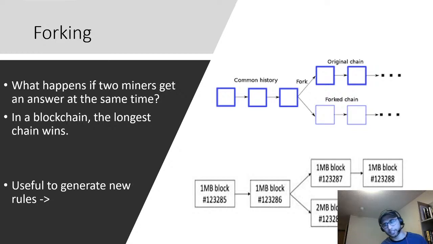But anyway, I digress from my original talk, which is about security, like a cybersecurity perspective of blockchain. So we spoke about forking a bit, and I just wanted to show a picture of what a fork looks like. So you have the original chain here, and you have a forked chain, which is a slightly different representation of the world. And by the way, forking is a real thing.